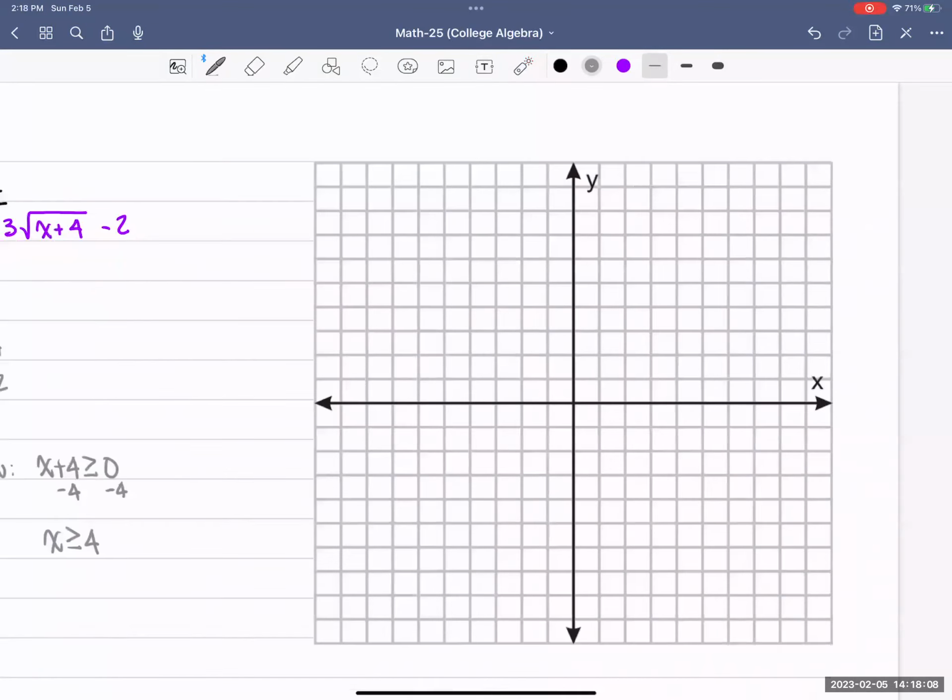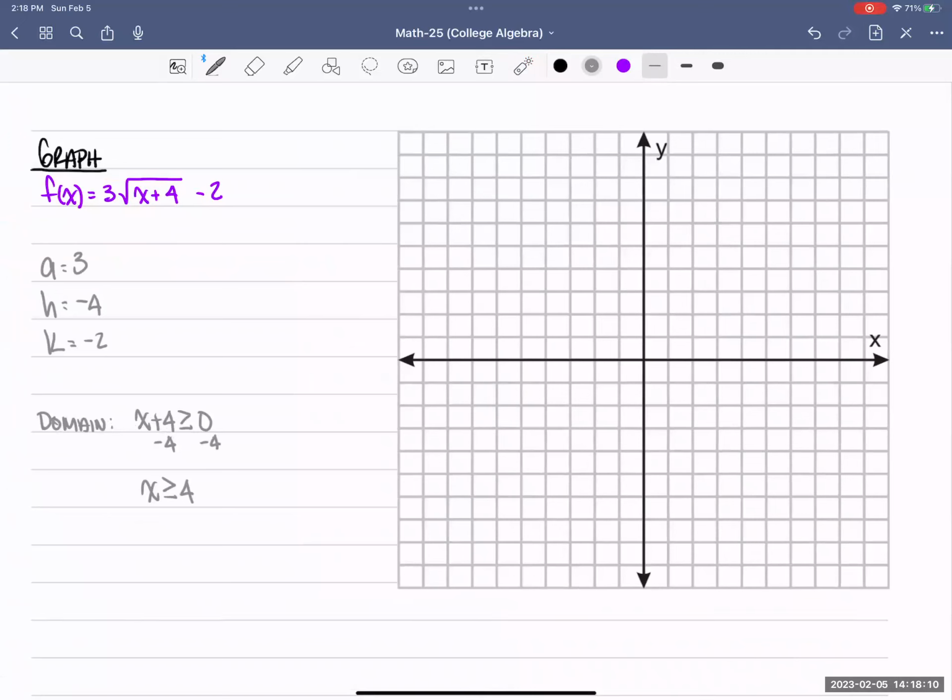So let's come over here and see what values we're going to input into our function. So here we have 1, 2, 3, 4, so -4. And this should actually be negative here. It looks like we're not going to have any part of our graph to the left of -4, or x equals -4.